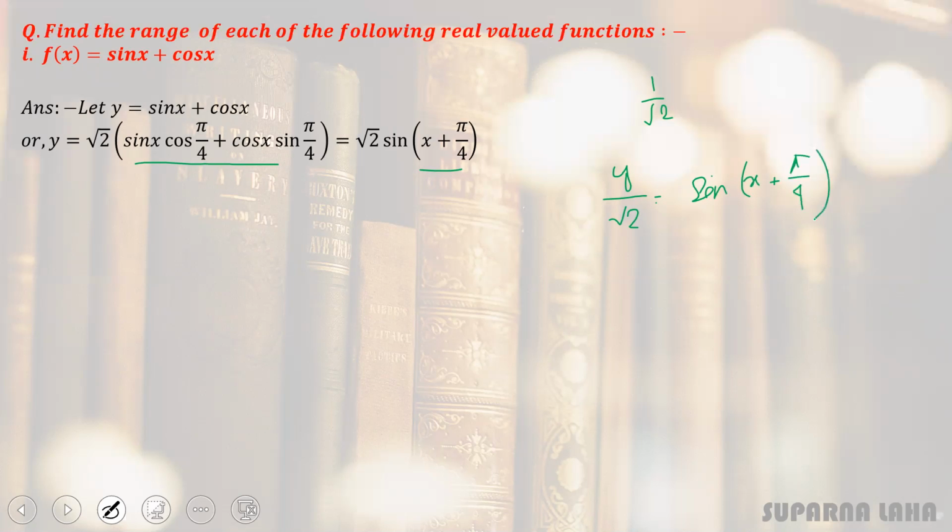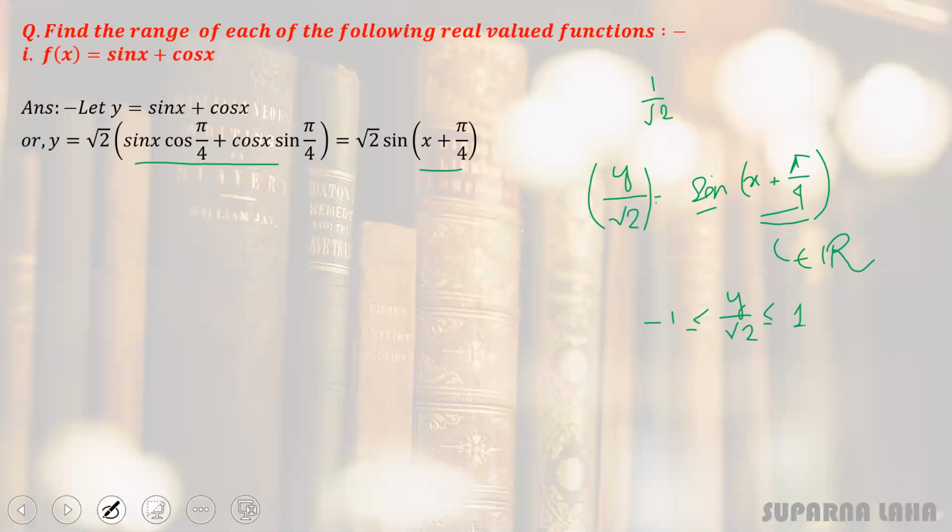So if we talk about the range and domain for the sine function, x plus pi by 4 will take all the values from the set of real numbers, but this value is always belonging to where? y upon root 2 always belongs to minus 1 to 1, right? For the sine function, the value is always between minus 1 and 1.